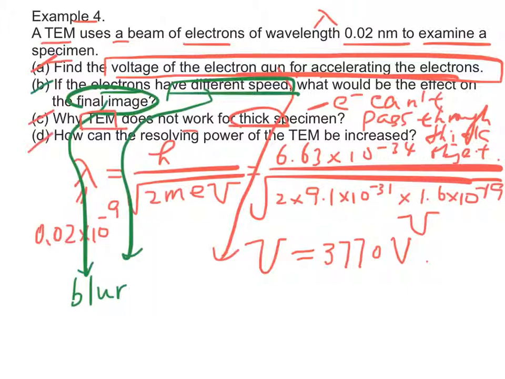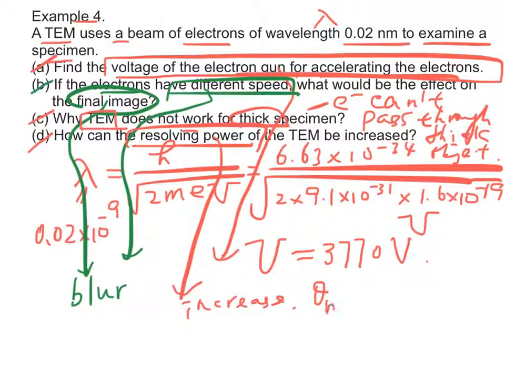Part D. In order to increase the resolving power, that is, to decrease the minimum theta, we have to decrease the wavelength of the electrons, that is, to increase the accelerating voltage.